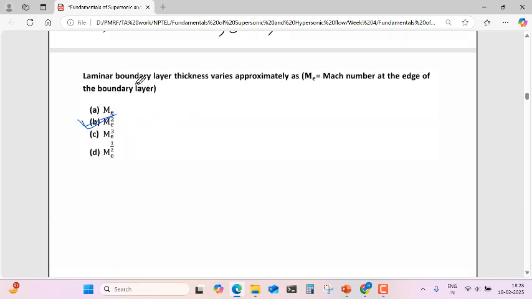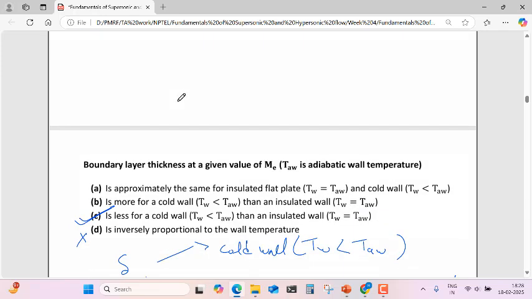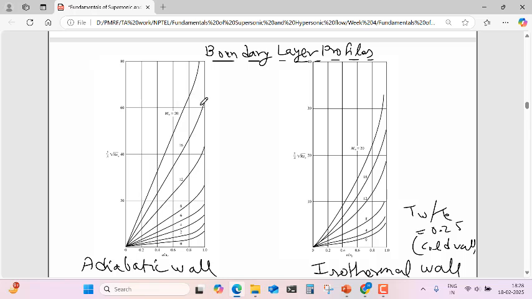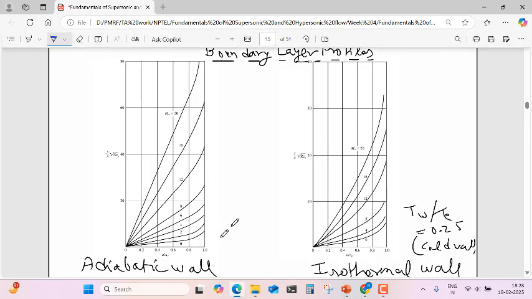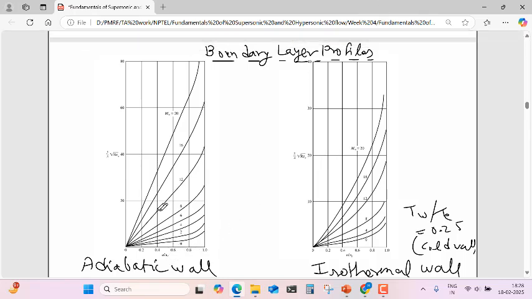First, we'll see how this varies approximately. These are boundary layer profiles for adiabatic wall and isothermal wall. If you see this adiabatic wall, the y-axis is y upon x under root Rex, and the x-axis is u upon ue. And here the numbers mentioned are Mach numbers.